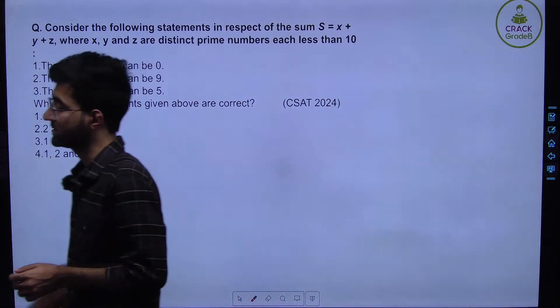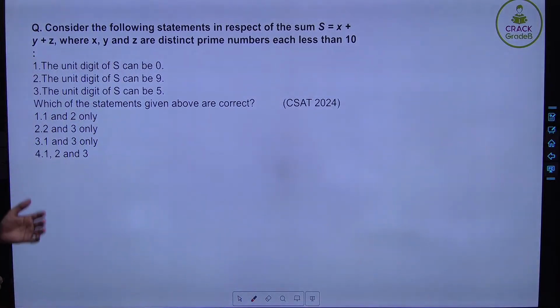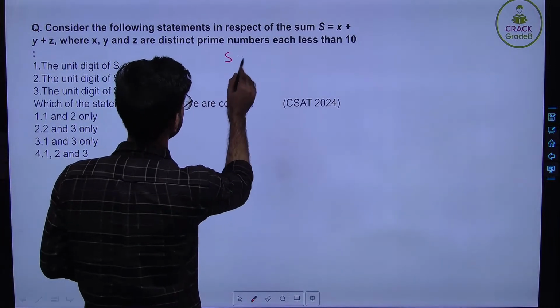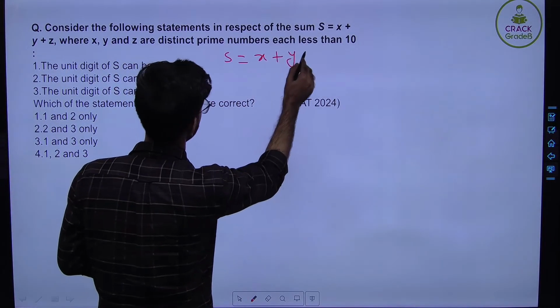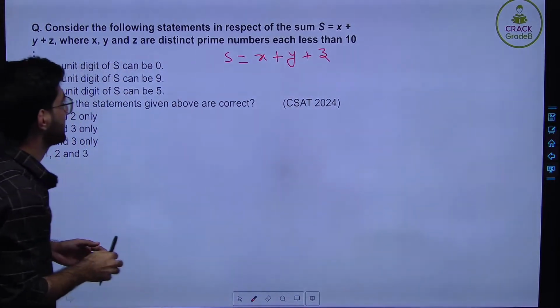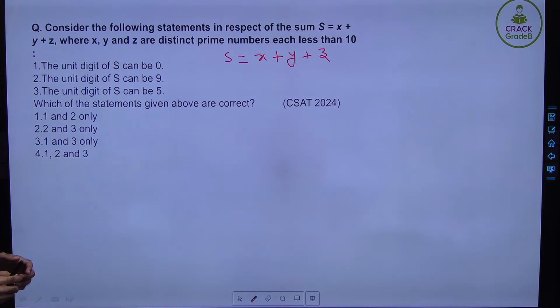Consider the following statements in respect of the sum s equal to x plus y plus z, where x, y and z are distinct prime numbers, each less than 10.